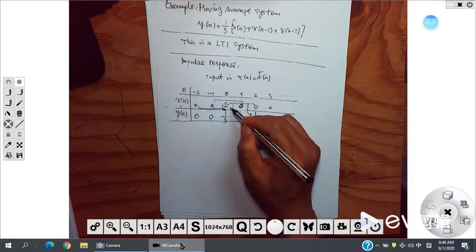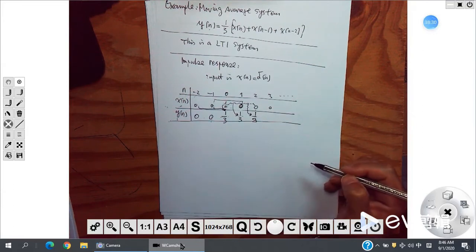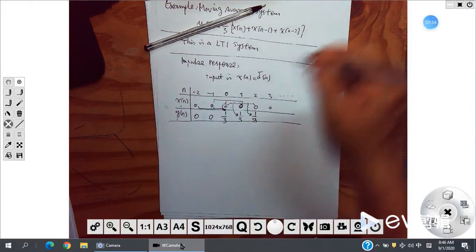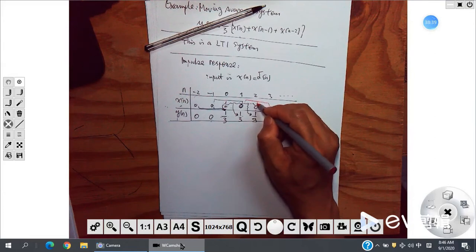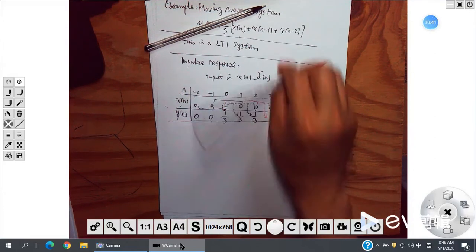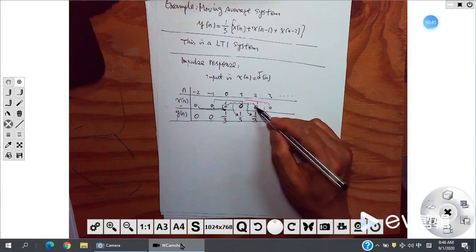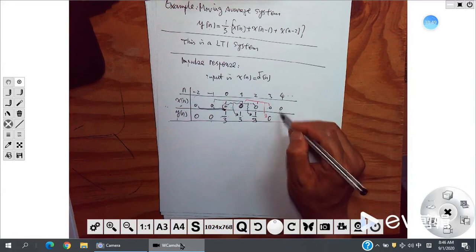So 1, 0, 0 summed is 1, divided by 3. And this one is also the summation of these 3, take the average. That'll be 0, 0 plus 0 divided by 3. All the rest, if you want to try more, this is 0, this is also 0.